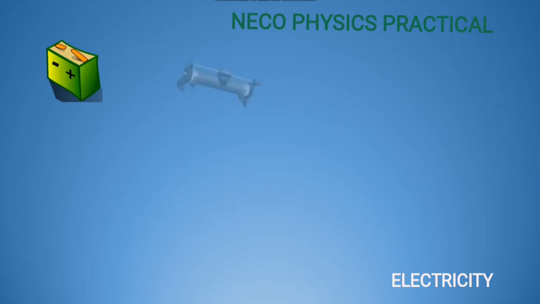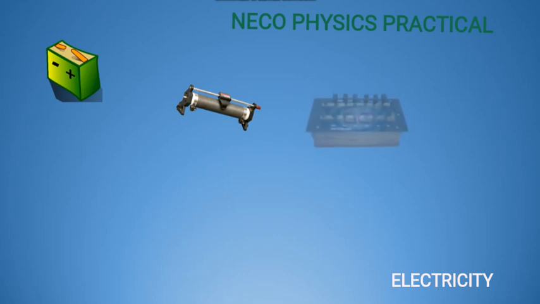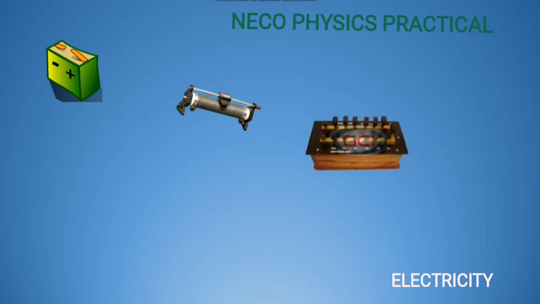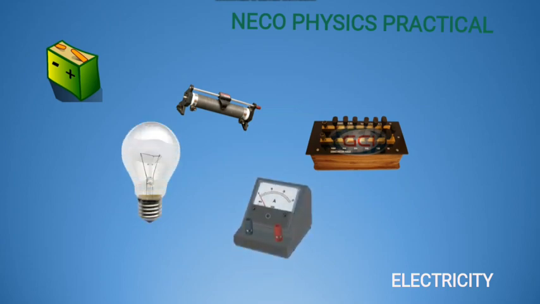Then I have my rheostat, also known as the variable resistor. Then I have my resistance box, my ammeter, my bulb, and finally my switch, or my key.